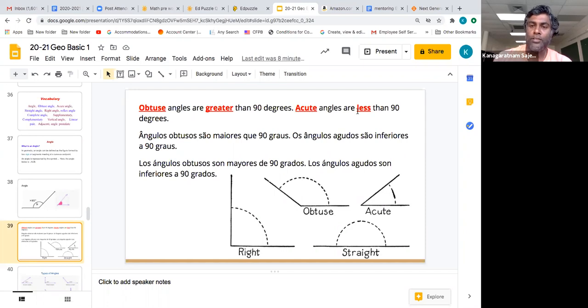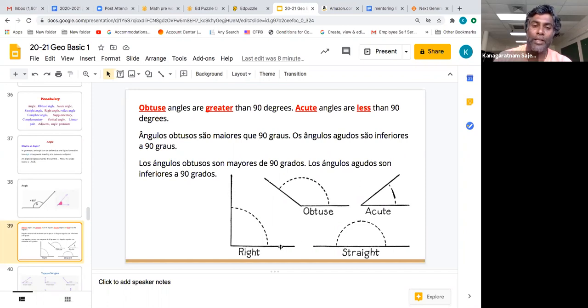An acute angle is less than 90 degrees. The obtuse angle is greater than 90 degrees, and the acute angle is less than 90 degrees.